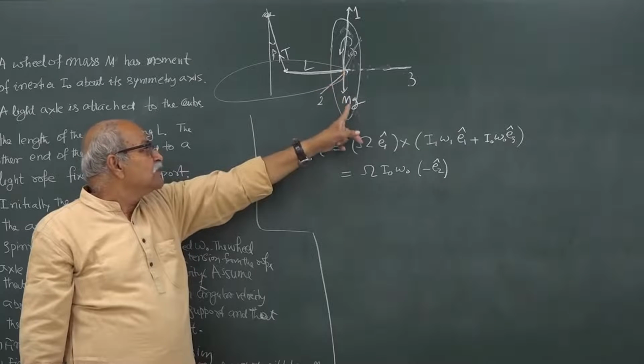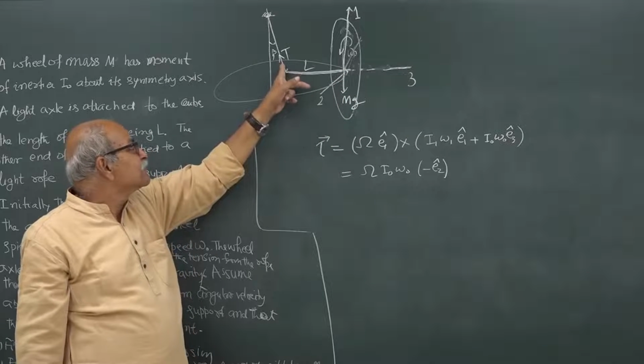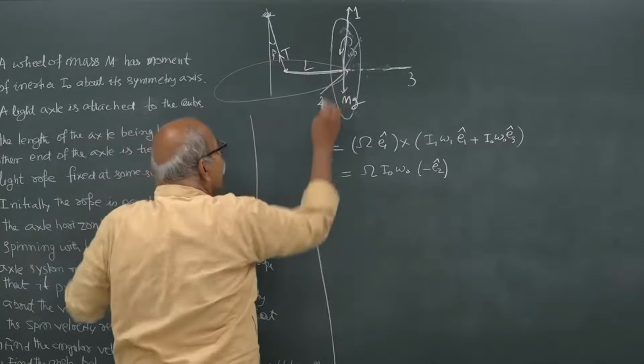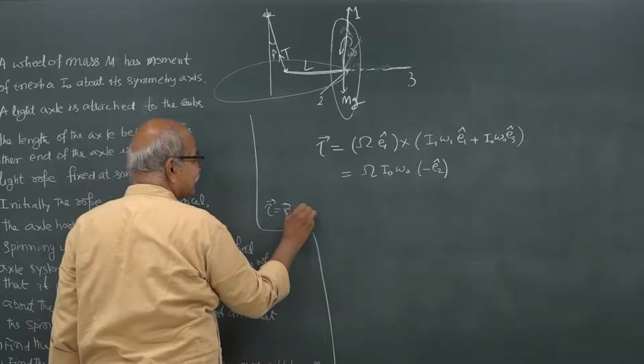Therefore, the torque of this mg will be 0 and you only need the torque of this T about this origin. So, it will be R cross F.